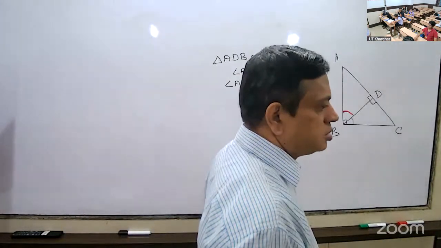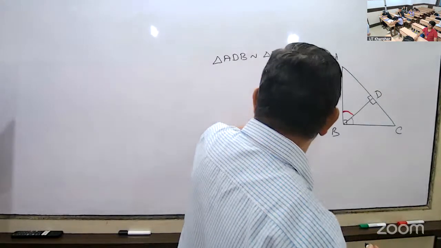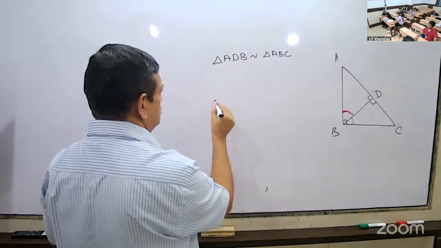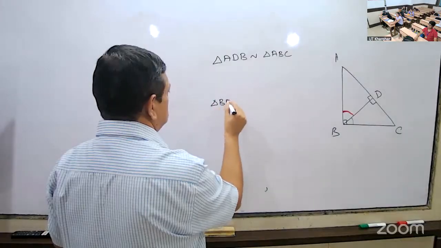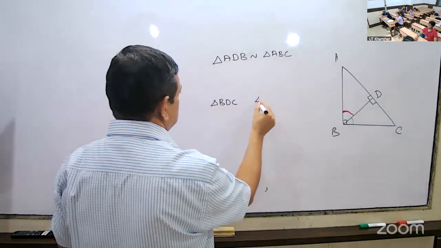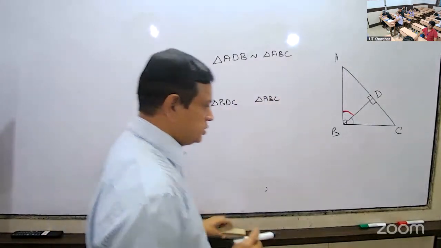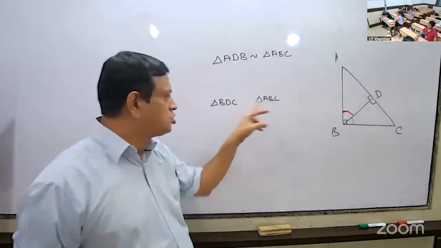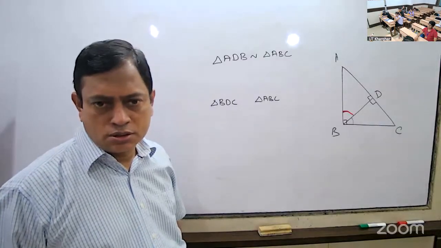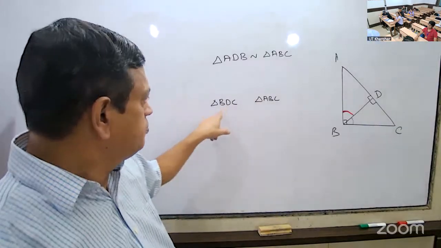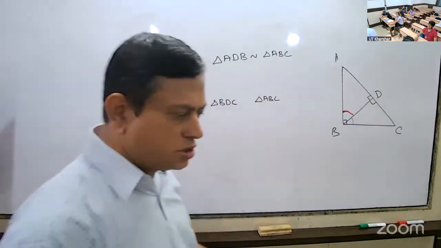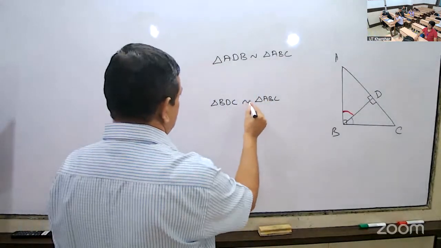Yes or no? So can you tell another pair? Look at triangle BDC and triangle ABC. Angle C is common between these two triangles. And angle BDC is equal to angle ABC. Therefore, they are similar, again AA similarity.